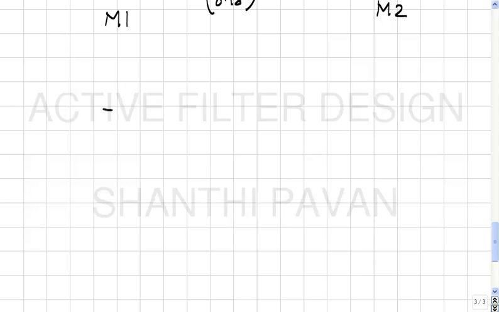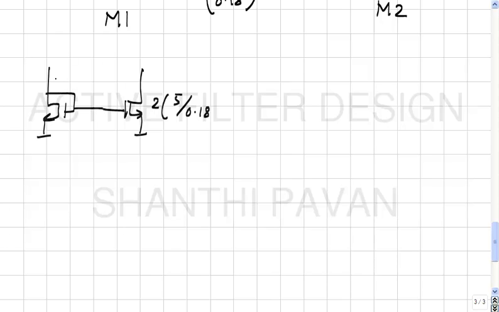So, for example, assuming the transistor of infinite output impedance, right? Let's say this is 10 by 0.18 and this is 2 into 5 by 0.18.